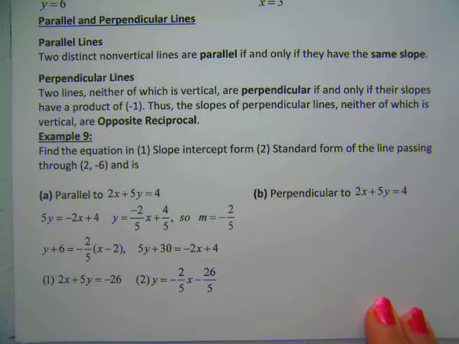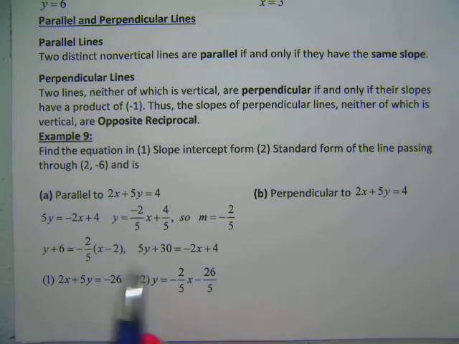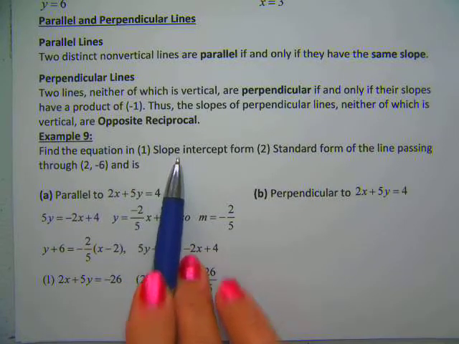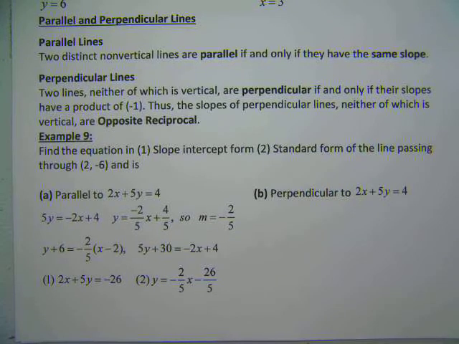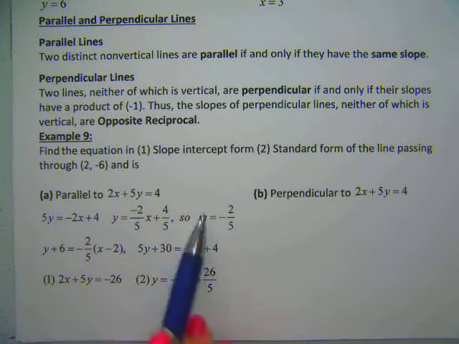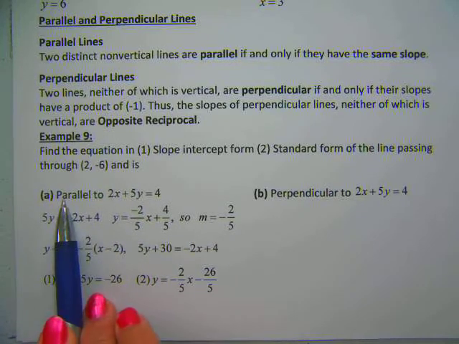So let's look at the following last example. Find the equation, we want both forms, slope-intercept form and standard form, for the line passing through the point (2, -6). The first condition, which I did for you, is parallel.